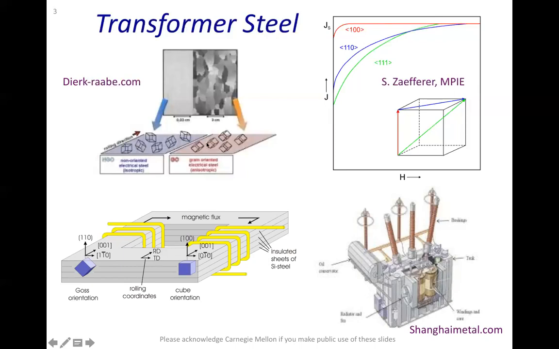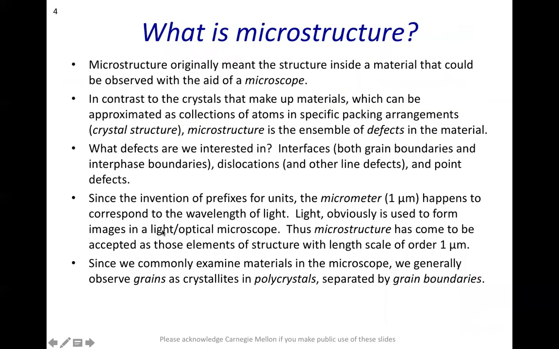You could have this Gauss texture, which is a 45-degree rotation, cube on edge, sometimes it's called. Or ideally, you could have a cube texture, right?